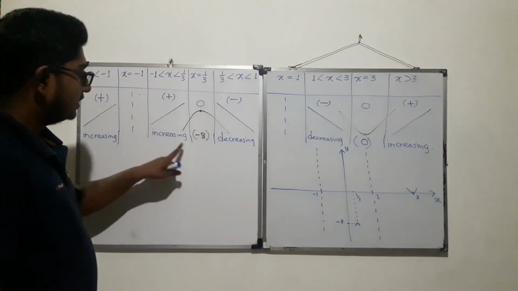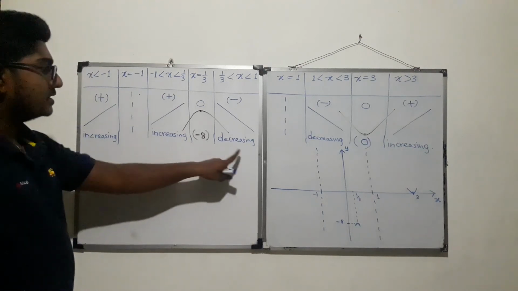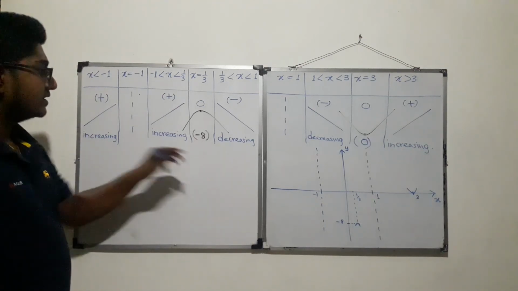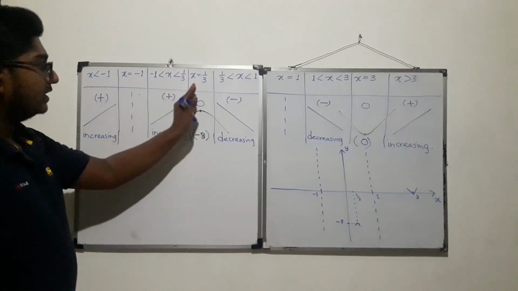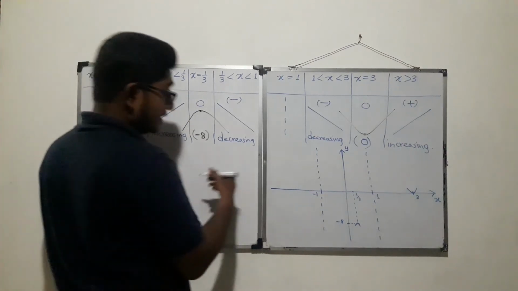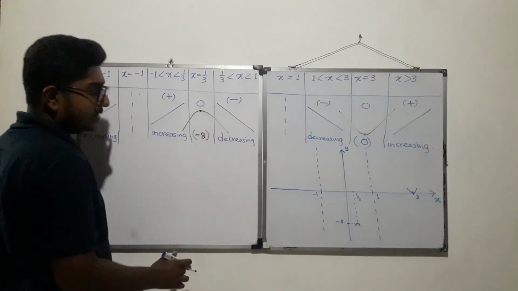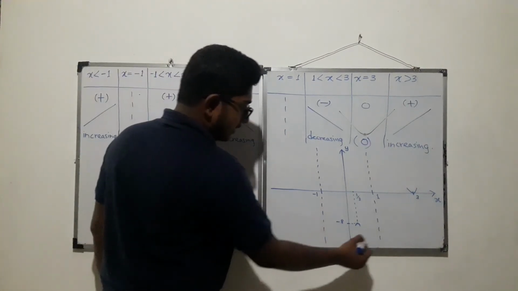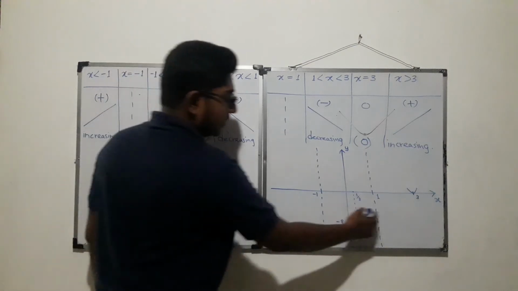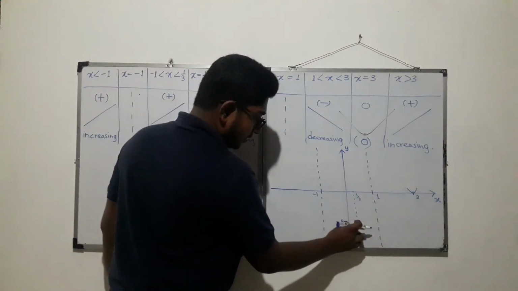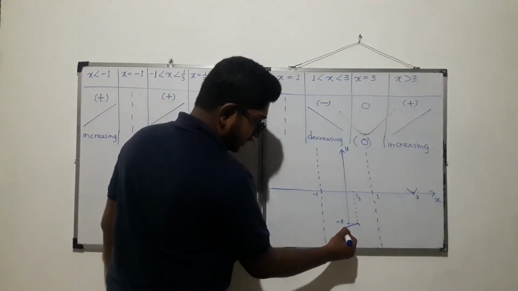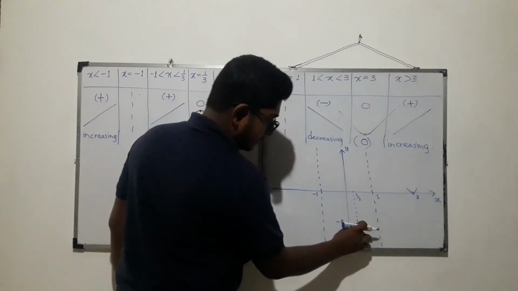Then we have the nature. The gradient is increasing when x is less than 1/3, this side, and this side you have a decreasing gradient, and the two asymptotes are minus 1 and 1. That means this graph must move like this.